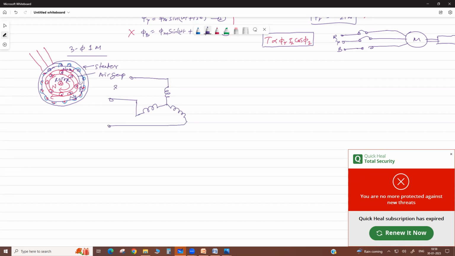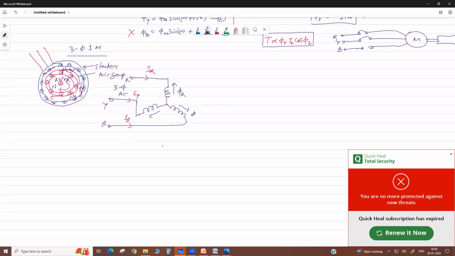This is your three-phase AC. We apply R, Y, B. Then due to this, there are individual phase currents IR, IY, IB. Due to this current, flux is induced in all three windings: phi R, phi B, and phi Y.